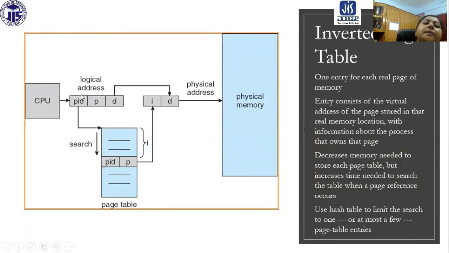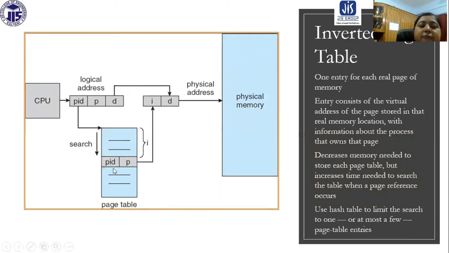Basically, there is a combination of process identifier, that is PID, and P. P is the page index and PID is the process identifier. This combination is obviously going to be a unique one because PID is unique for every process. So we are going to search this combination in the page table.